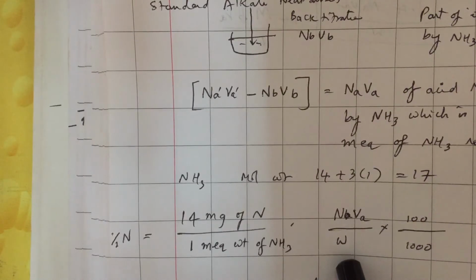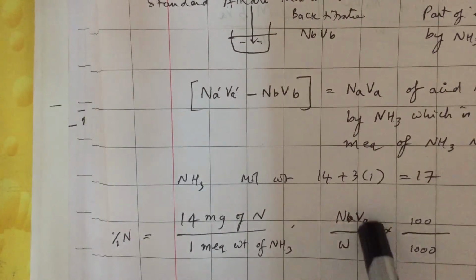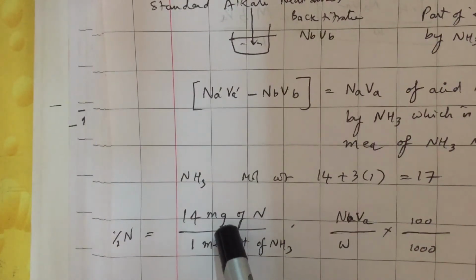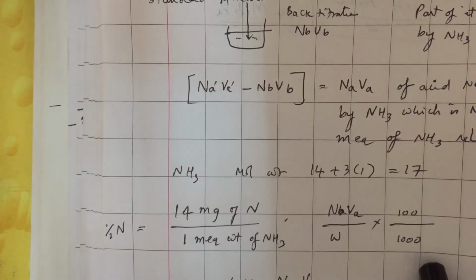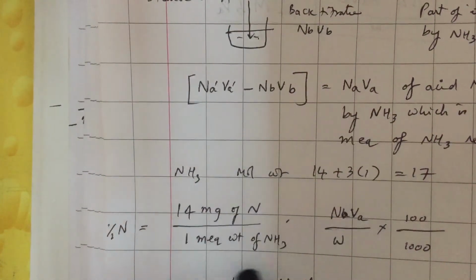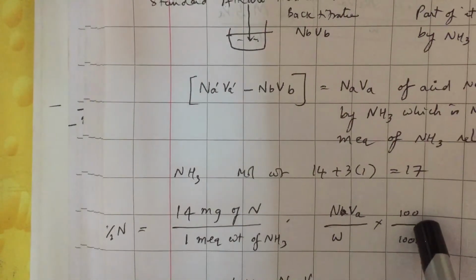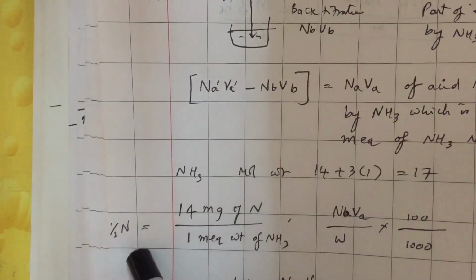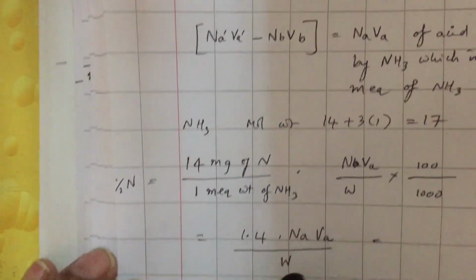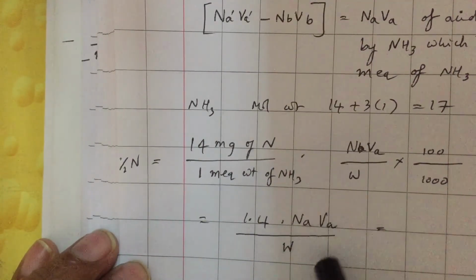This is divided by the weight of organic compound you have taken. The milligrams can be converted into grams by dividing with 1000. Now these many grams of nitrogen are there out of W grams of organic compound; 100 grams contain how much? That will give you the percentage of nitrogen. On simplification this becomes 1.4 N_A V_A by W.